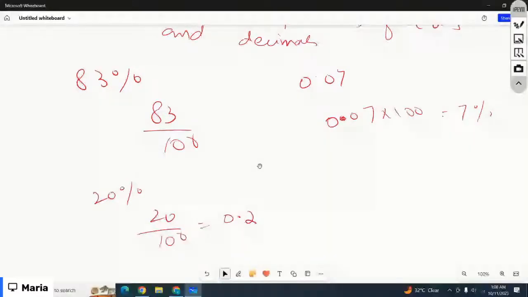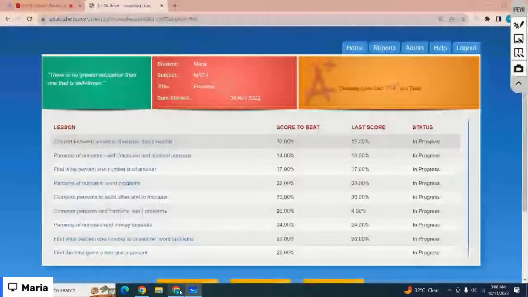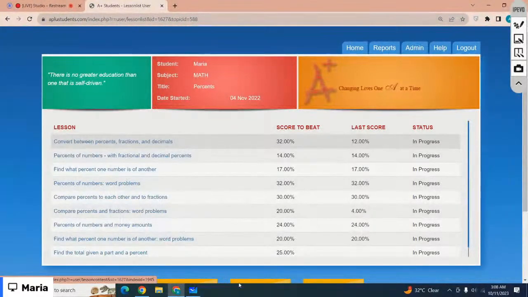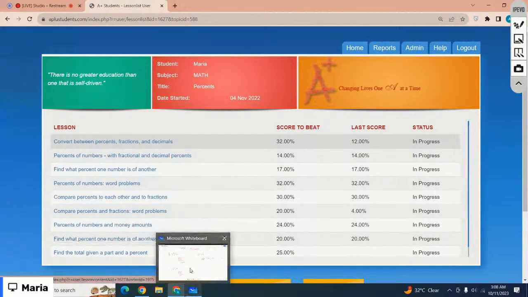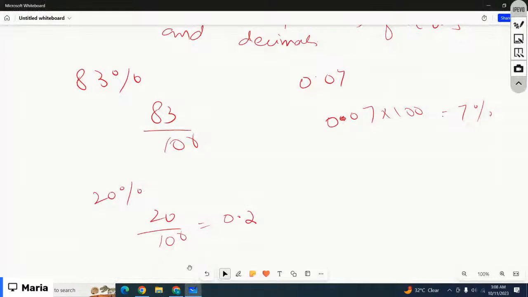The next lesson we're going to cover today is percents of numbers with fractions and decimal percents, right?